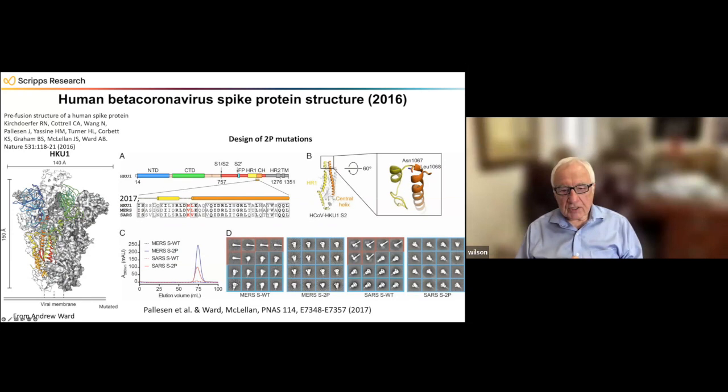So we didn't know the SARS-2 pandemic was coming. And so these 2P mutations turned out to be extremely valuable.